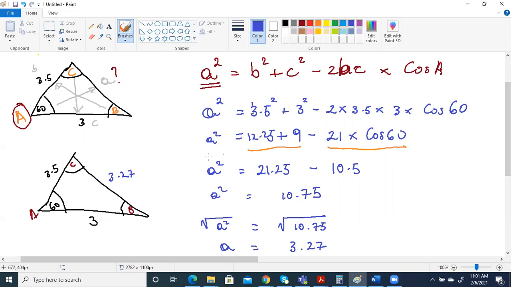But the question asks us to find all the unknown angles and all the unknown sides, right? So we can now try to find another angle. We have all the sides, so we can use either the cosine rule or the sine rule to find another one of the angles.